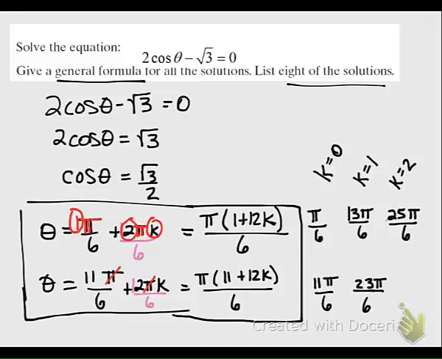And 24 plus 11. So we've got 6 solutions. We need one more set. K equals 3. So let's see, 36 plus 1, 37. And then the second one, 36 plus 11.